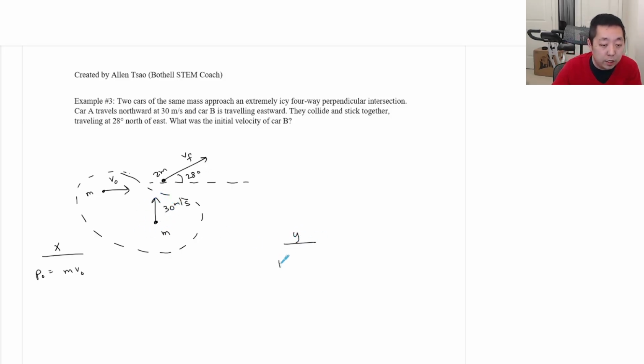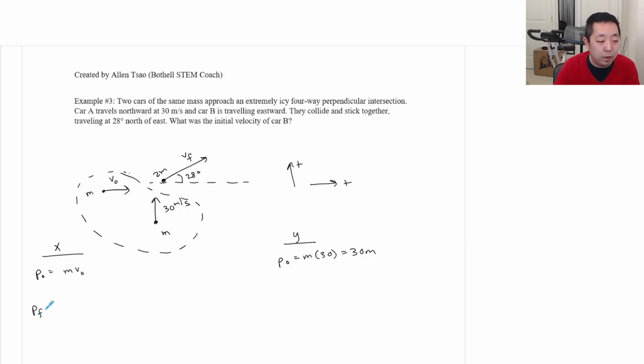And in the y direction, if I say up is positive and right is positive, his initial momentum is just m times 30, or 30m, because this guy doesn't have any vertical momentum. So you add up the momentums of each.